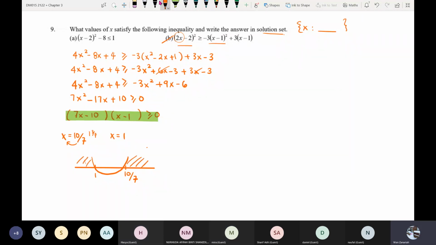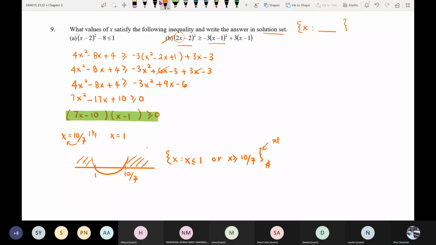So this is your answer: x is less than or equal to 1 or x is greater than or equal to 10/7, since the question strictly asks for a solution set. So this is the set form. This is your final answer.